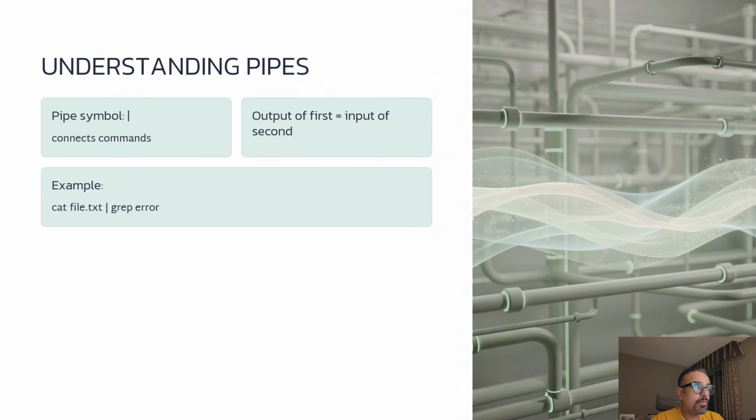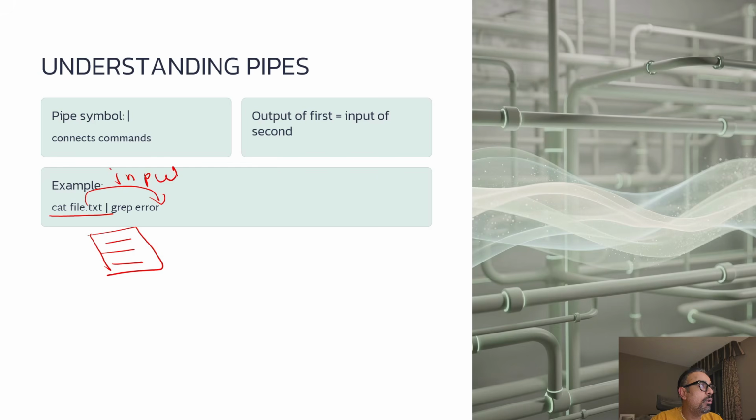So a practical example is going to be cat file.txt. It is going to give the entire content of the file. So first, this command over here is going to give the content of the file, and this is going to go over here as input.